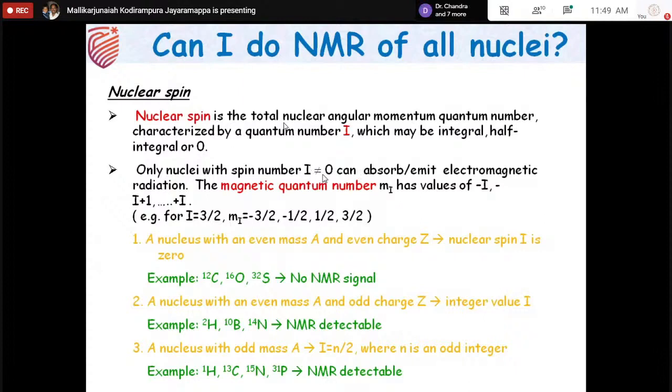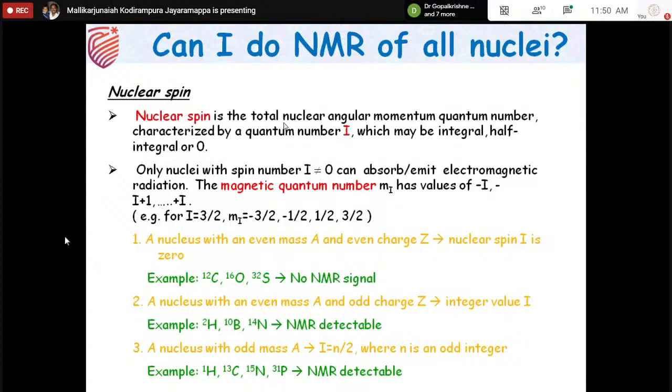Whenever the spin quantum number I is 0, we cannot do NMR, because in our previous equation, when I becomes 0, the mu factor we were considering also becomes 0. Therefore, only nuclei with spin quantum number I not equal to 0 can absorb electromagnetic radiation, giving rise to an NMR signal.